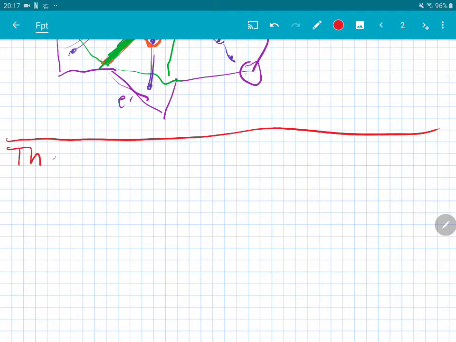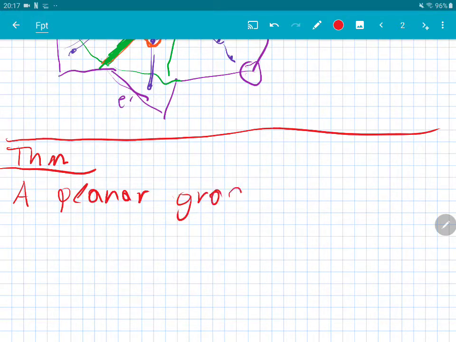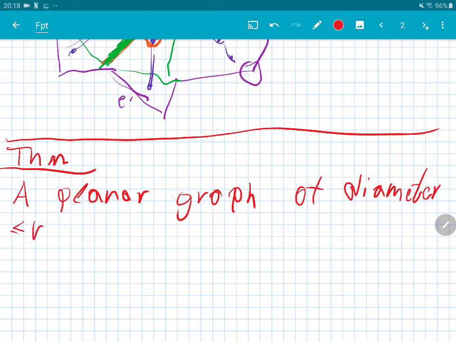So we readily get the following theorem: a planar graph of diameter at most r has tree width O(r).